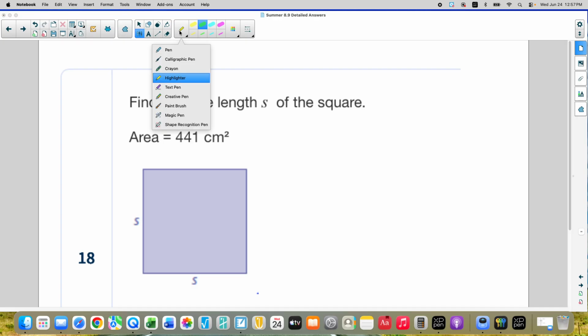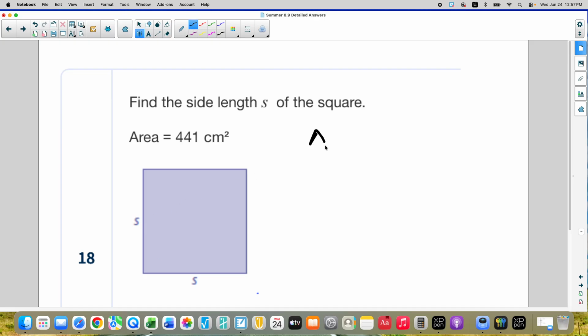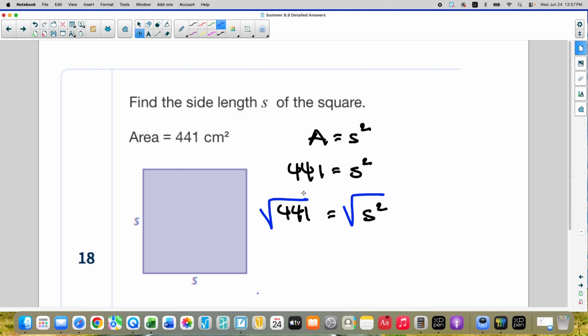All right. 18. Find the side length S of a square. Well, we know that area equals S squared. So if the area equals 441 equals S squared, and we're going to solve for S, we have to get rid of that square. So we're going to take the square root of both sides. Whenever you take the square root of a variable being squared, we have to do plus or minus.